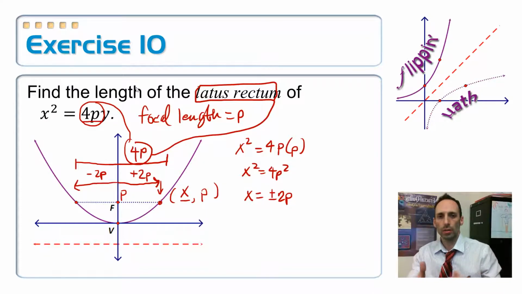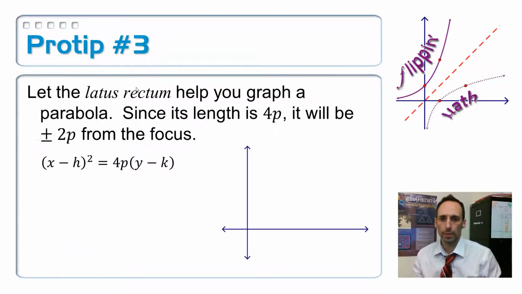So I can use that to help me graph. Its length is 4p. It's 2p to the right of the focus or 2p to the left of the focus. That's assuming it opens up and down. But if it opens right or to the left, let's just take a look.